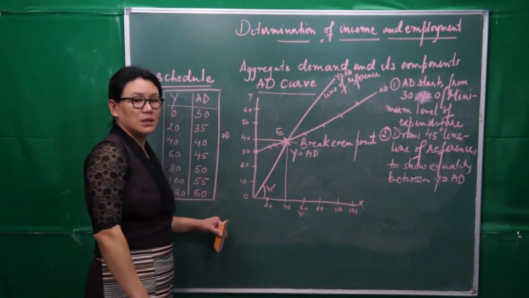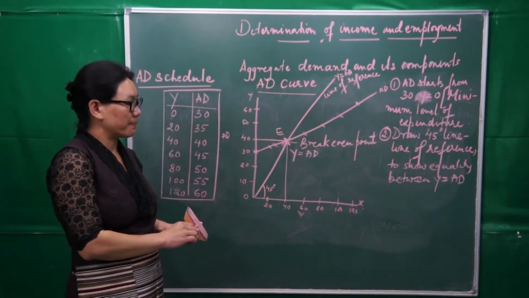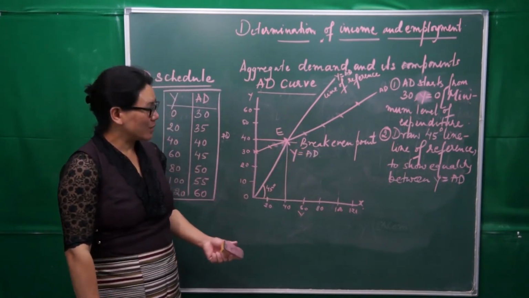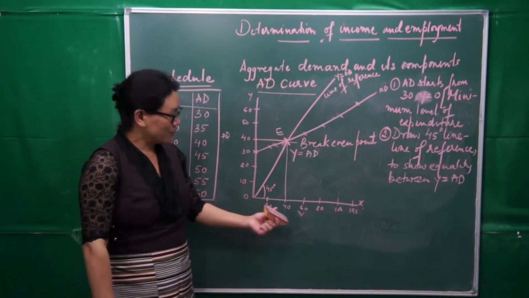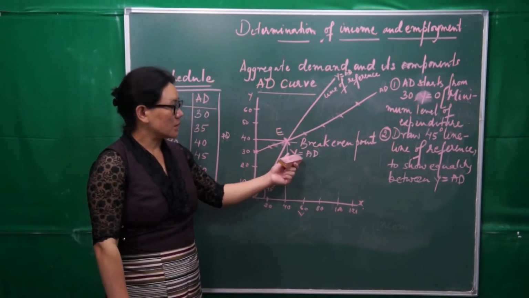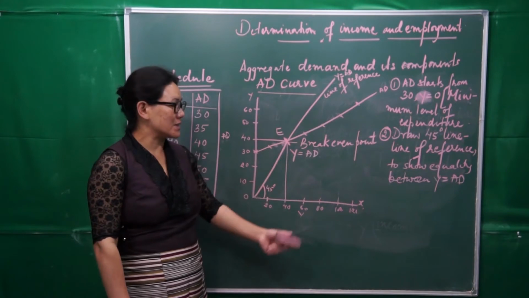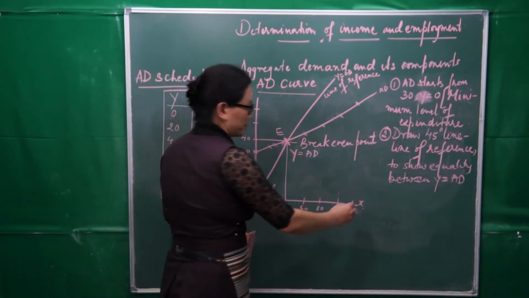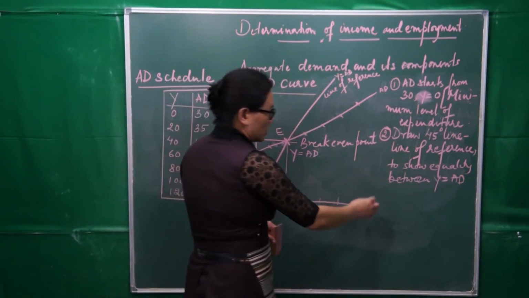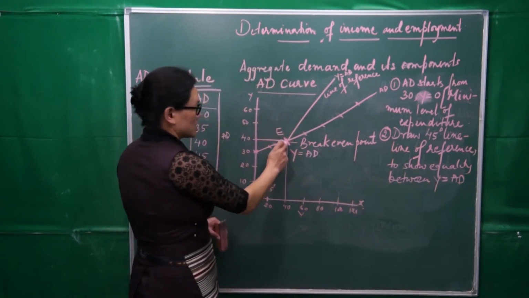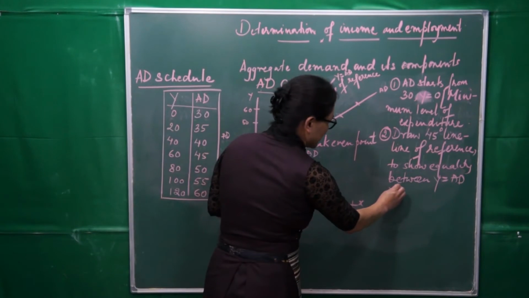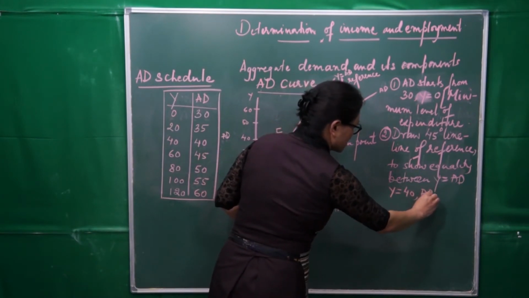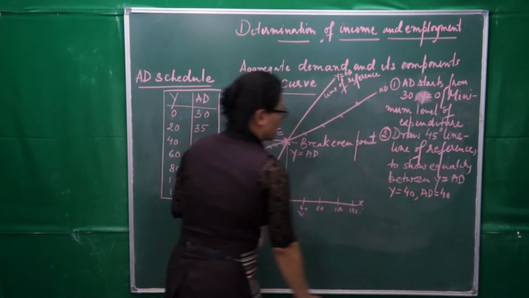AD is equal to y. Again, break-even point is that level of income where income is equal to AD. So this is called the break-even point here. All right? Okay. So at this point, what is happening? Income is 40 as well as AD is also 40, which we have seen here.